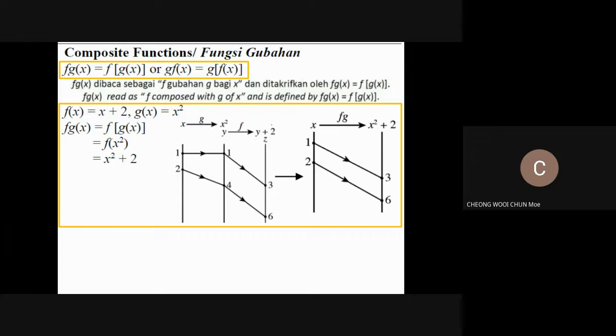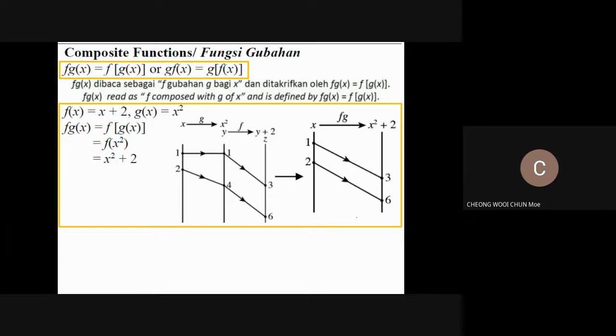So straight away, the meaning is that when you compose together, fg(x) becomes x squared plus 2. That means here 1 becomes 3 and 2 becomes 6. So 1 squared is 1, 1 plus 2 is 3. 2 squared is 4, 4 plus 2 is 6.